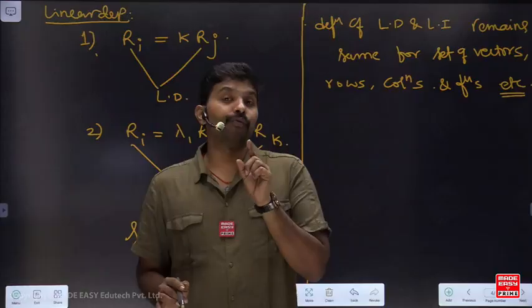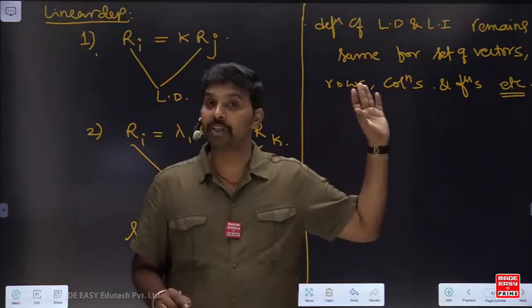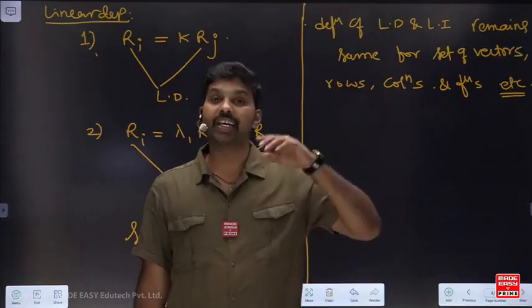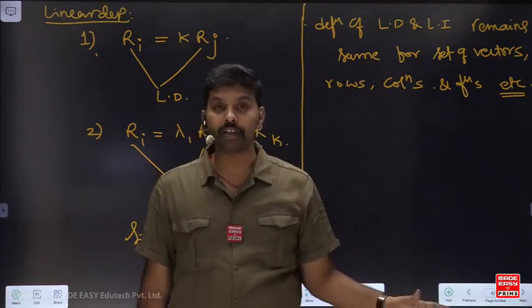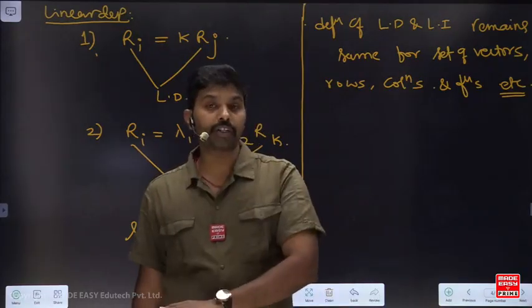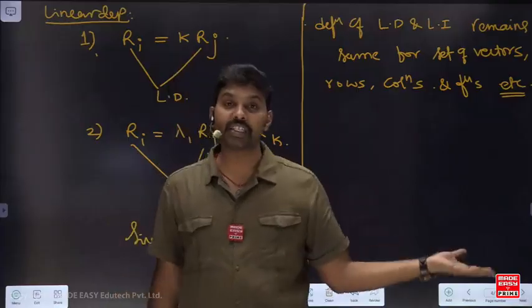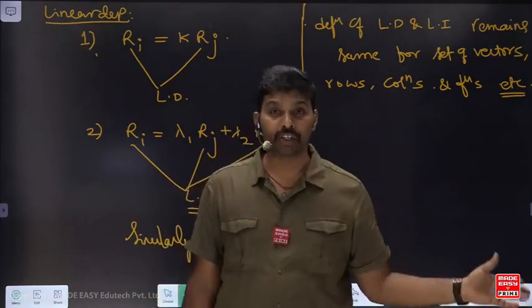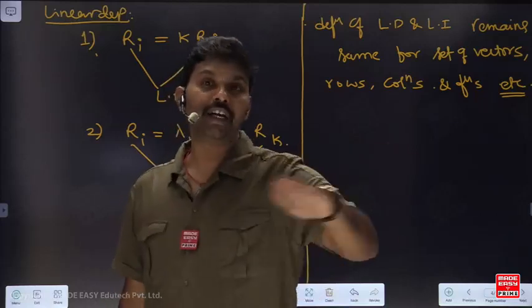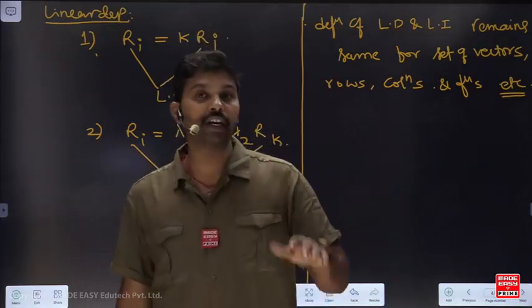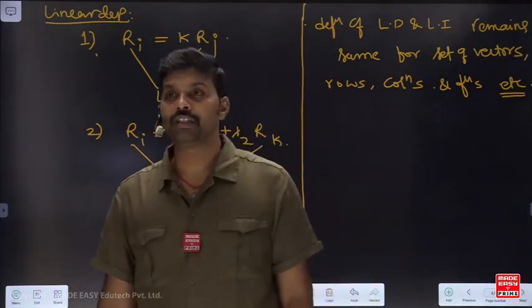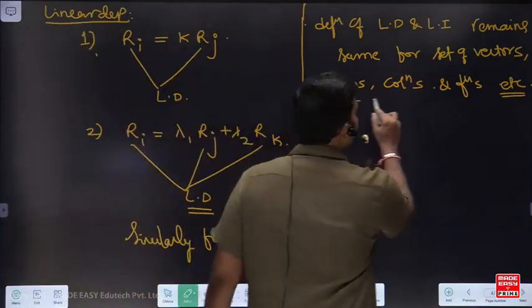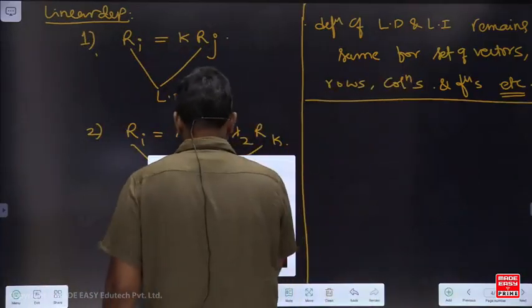That means if one function is written as a linear combination of other functions, if one polynomial is written as a linear combination of other polynomials, if one row is written as a linear combination of other rows, if one column is written as a linear combination of other columns, they are linearly dependent, else they are linearly independent. So this is one definition I just wanted to give you here.